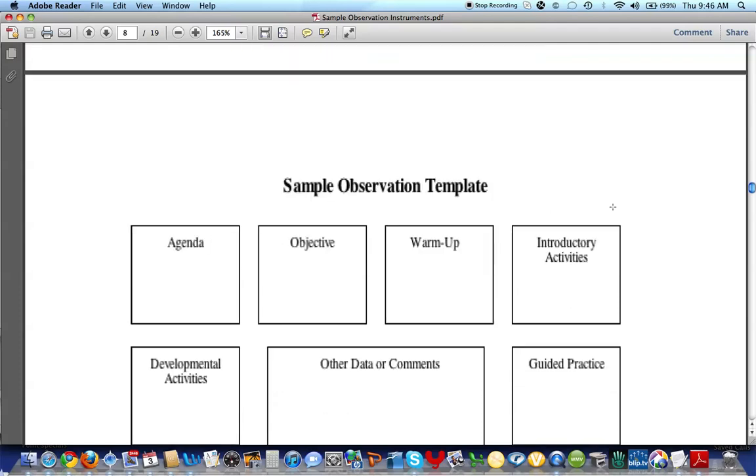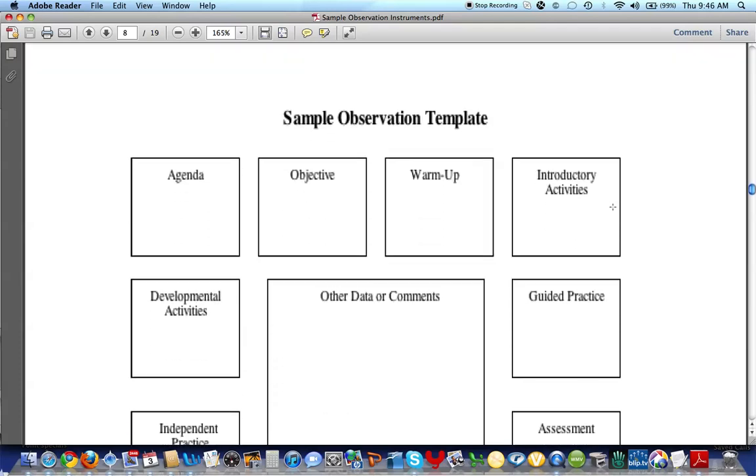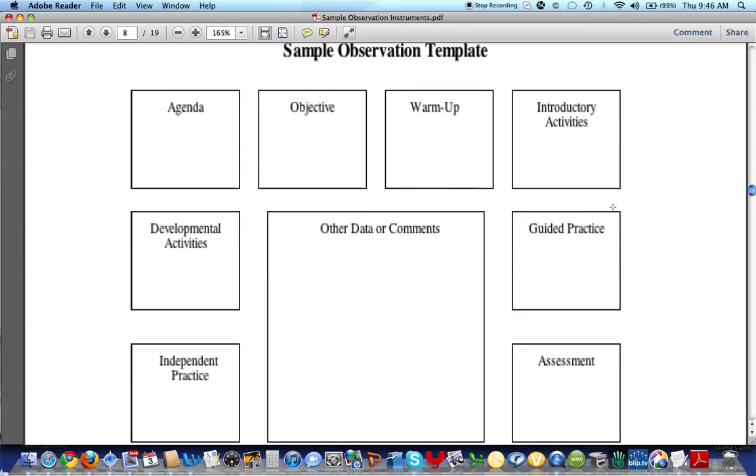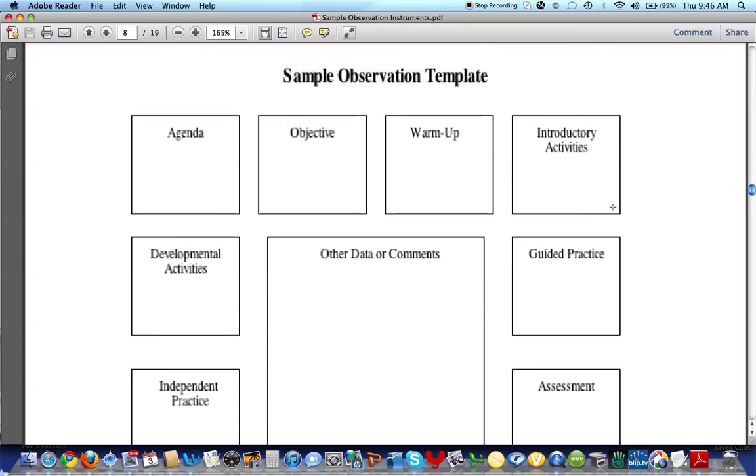Here's an interesting observation template that you can use. What you do is you could indicate with your mentee what you're going to be looking for.